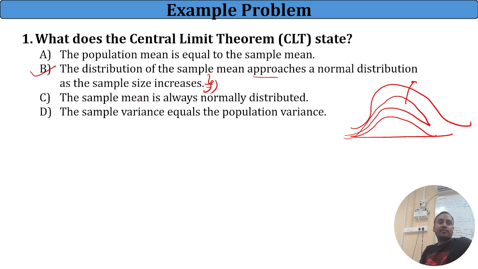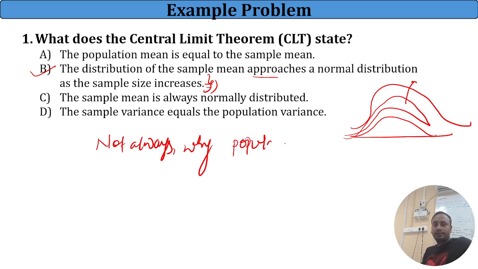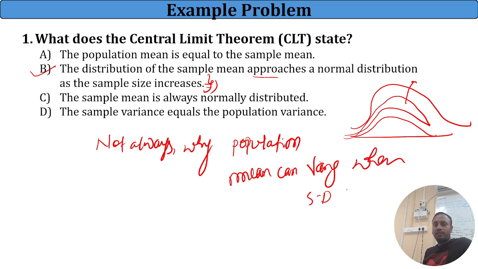This is the answer, first one, because it's not always the case. Why? The population mean can vary when the standard deviation differs or the error changes. So this is not always the case.